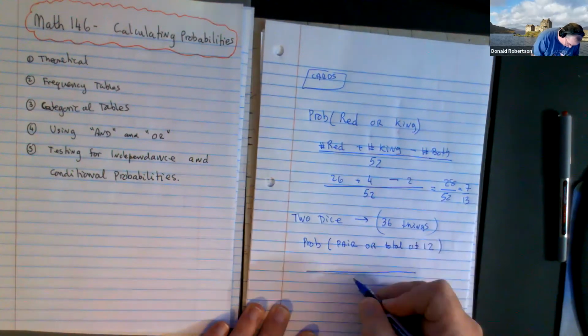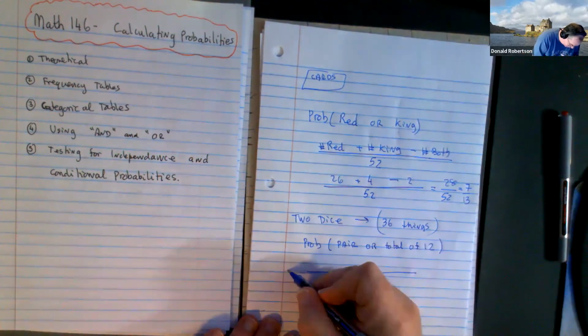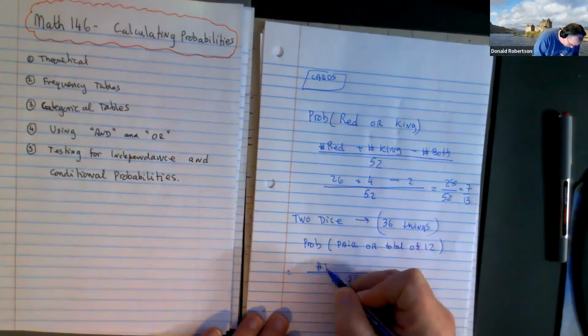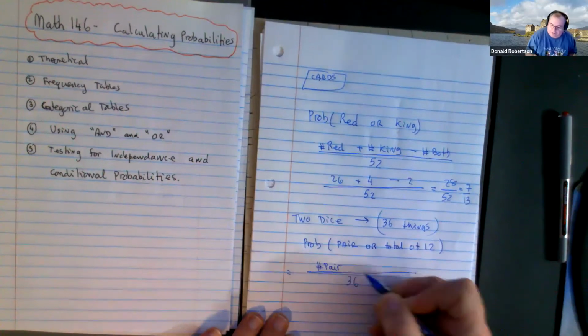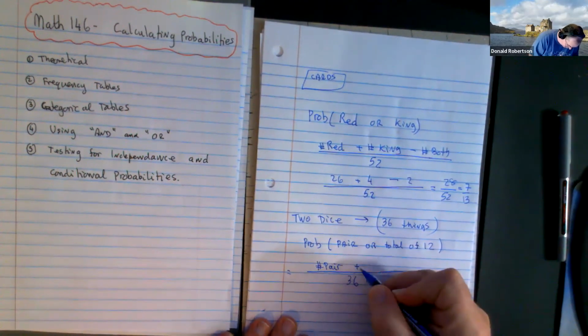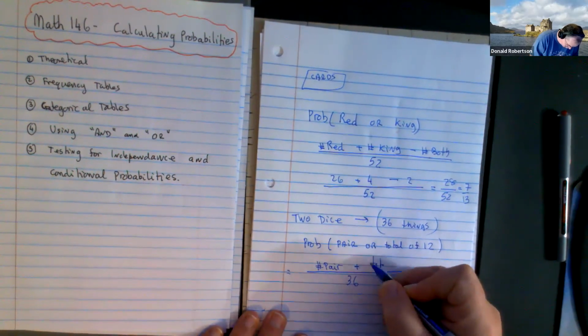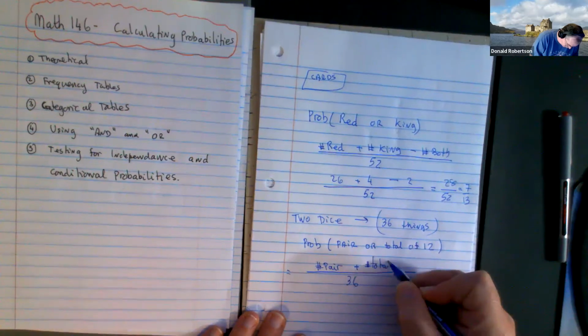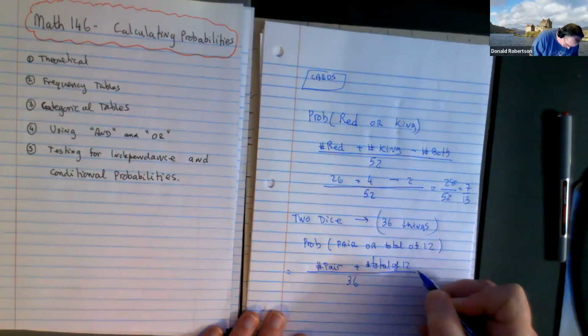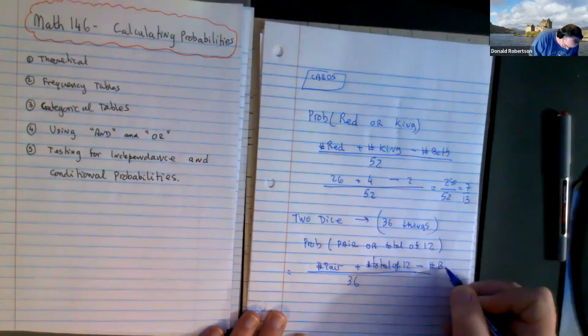Now, I've told you that there are 36 things, so we'll take that for granted. So we're going to find out how many times you can get a pair. That means, you know, a double 1, a double 2, plus the number of ways you get a total of 12. Take away the number that are both.